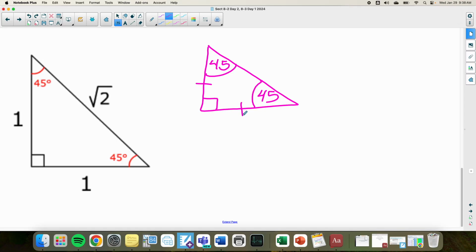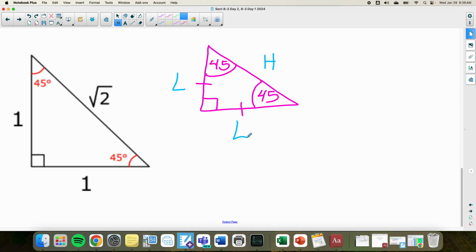Okay, so when you look at this, what we're going to label our sides across from the right angle is going to be the hypotenuse, and we're just going to use an H. And then these 2 in a 45, 45, 90, they call them L's for legs, okay? The reason they're both the same is that these 2 sides are congruent, okay?